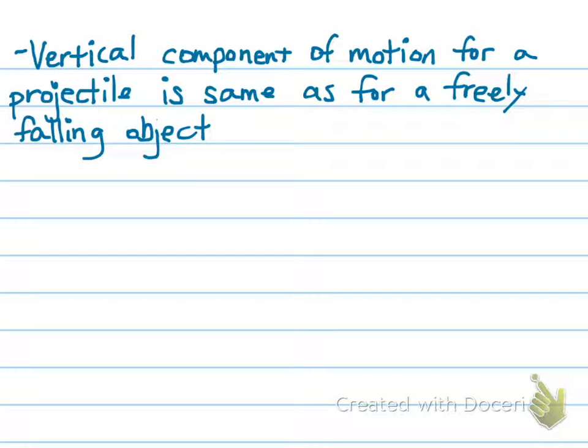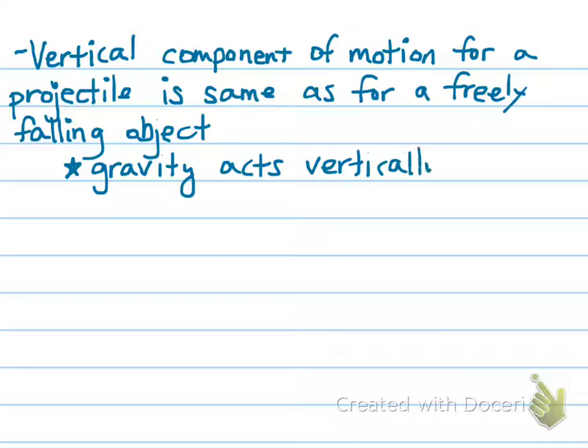Remember, the only force acting on a free falling object is gravity. And gravity acts vertically, in an up and down way, and it acts downward because it is a vector quantity, so it has both a size and a direction.